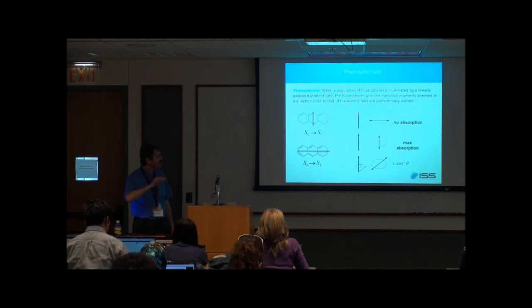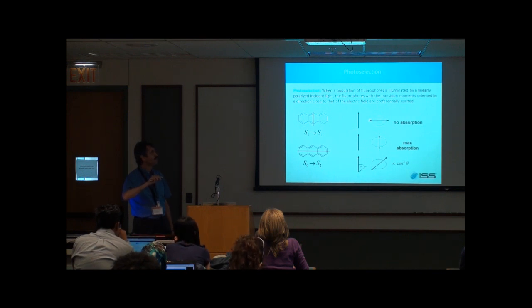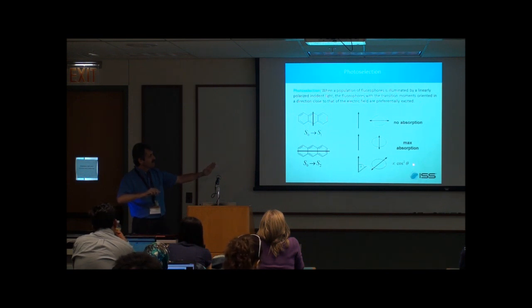Let's say that we use vertically polarized light, and I have a molecule whose transition moment for absorption is oriented perpendicularly. There is no absorption, so the molecule doesn't absorb the light. On the other hand, if the transition moment is oriented parallel, there is maximum absorption. If the transition moment makes an angle, it goes as the cosine square of the angle.